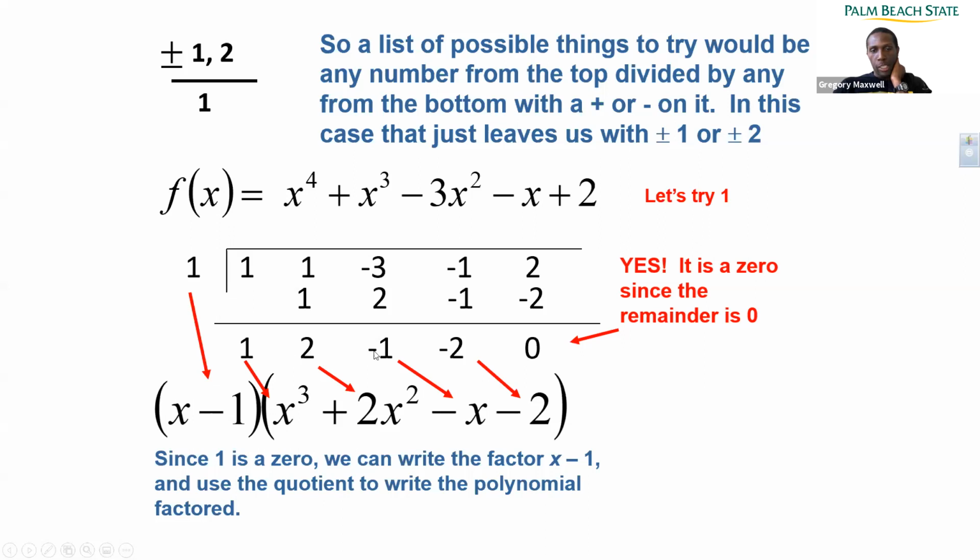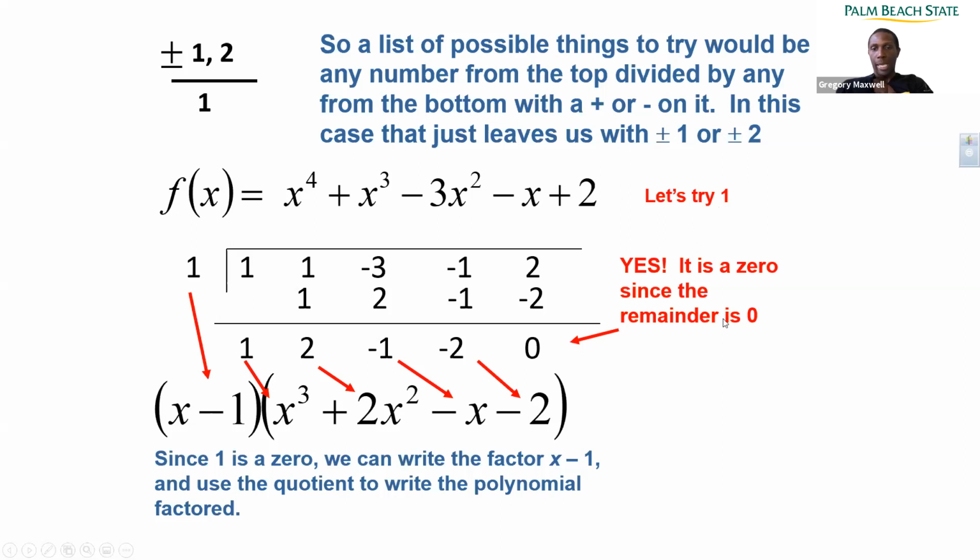These are the coefficients of the quotient, which is always 1 degree less than the dividend, the thing you're dividing into. Now, again, I'm going to try to see if 1 is a factor, because these same 4 numbers could be factors of this, plus or minus 2, this minus 2.